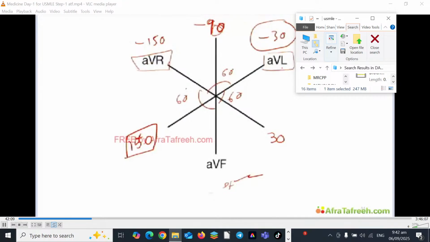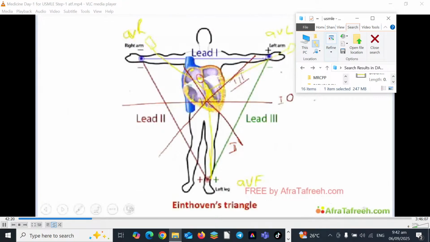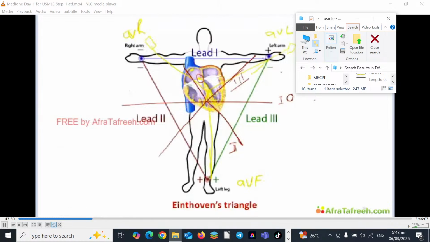Now, when we drew the first diagram, which I hope you remember, I'll just show it to you again. This one, you remember this. So we had the 0 degrees here, but we also developed the other axial system, which was of AVL, which we said would go right here and intersect at a particular angle here. So this would become AVL.